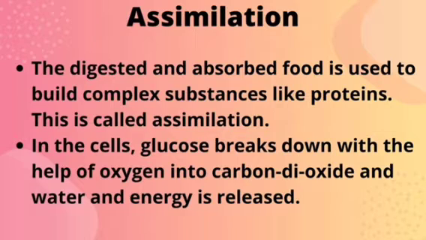What is it called? Assimilation. And in the cells what happens? Glucose breaks down with the help of oxygen into carbon dioxide and water, and energy is released. So this digested food combines with oxygen in the cells and gives out carbon dioxide and water, and also releases energy.